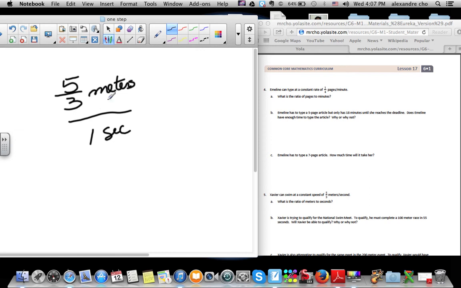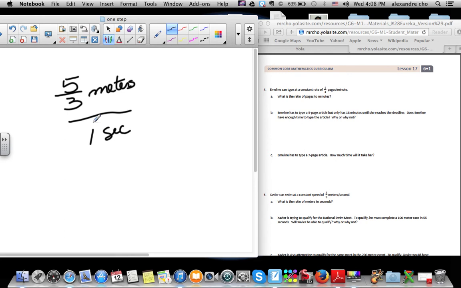And like I said, I would change this. Let's leave it like that for now, but I would probably change it to a mixed number, or even change it to a decimal.